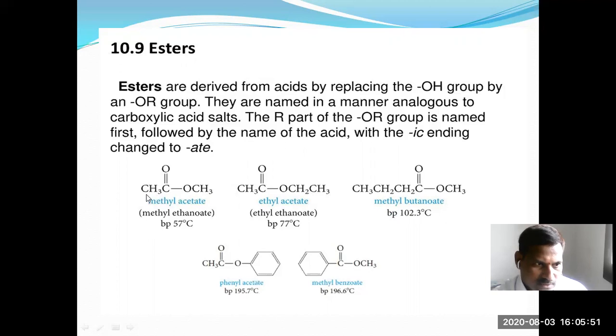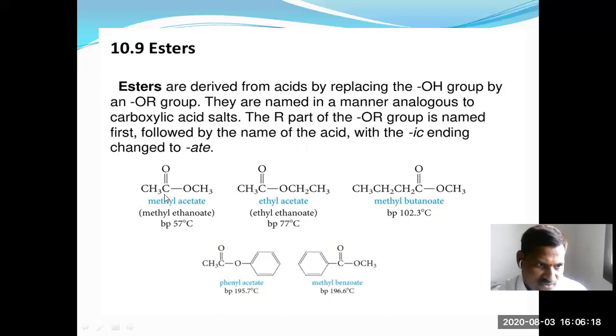After that, this is the two-carbon carboxylic acid, whose common name is acetic acid. That's why this is methyl acetate. Whereas in IUPAC nomenclature, this is methyl ethanoate.